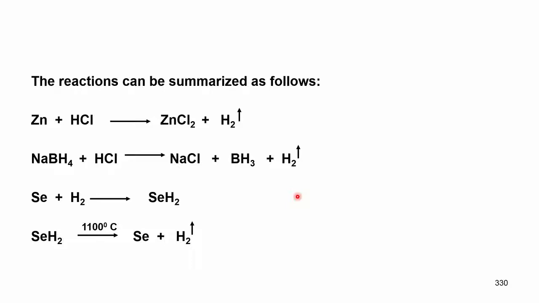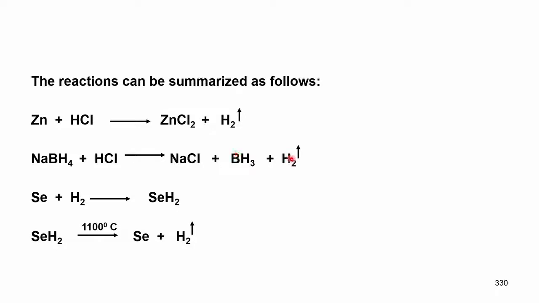First we have zinc, and then we add HCl, zinc chloride will form and hydrogen will form. Then we have sodium borohydride, then I add HCl, a sodium borohydride tablet or solution that will react with HCl producing sodium chloride, and then boron hydride plus hydrogen. So this boron hydride is of no use to us, okay.